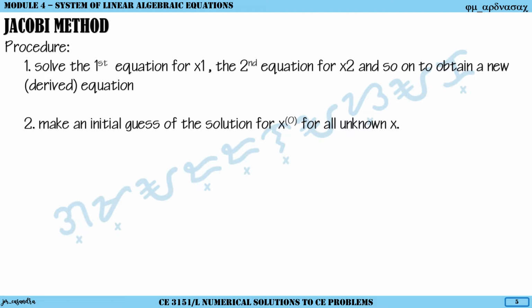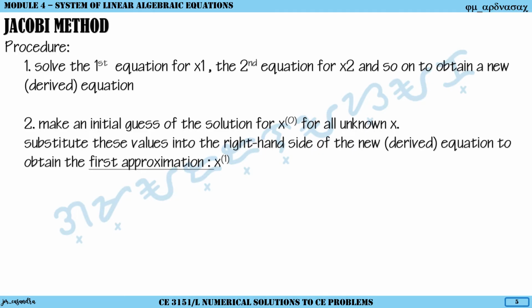That is, we compute the value of x using the value of 0. Here, we substitute the values of our approximation into the right side of our rewritten equations to obtain our first approximation x^(1).